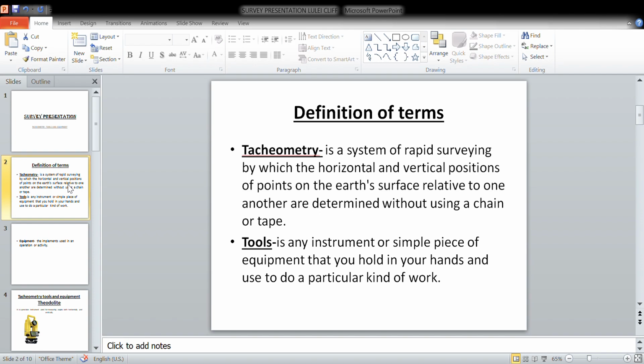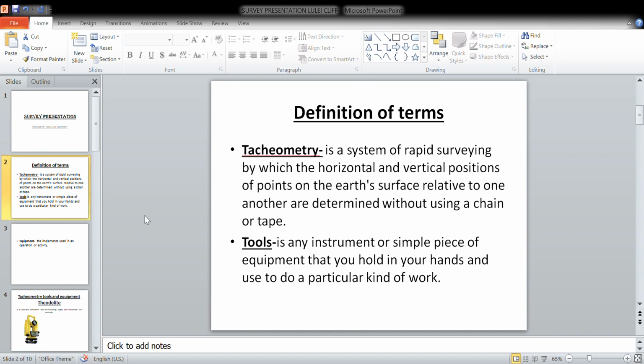Thank you. That's the correct definition of any tool. A tool is any instrument or simple piece of equipment that you hold in your hands and use to do a particular kind of work.